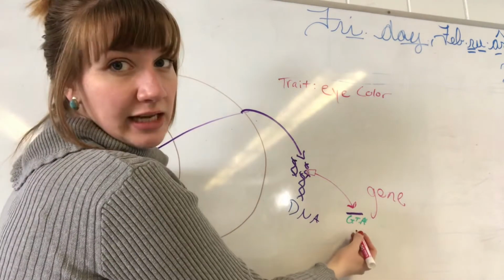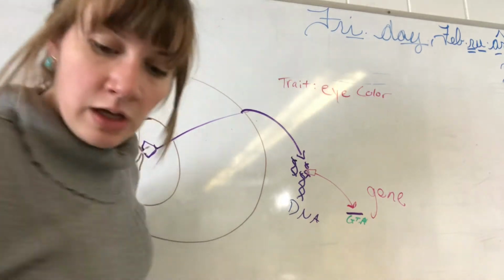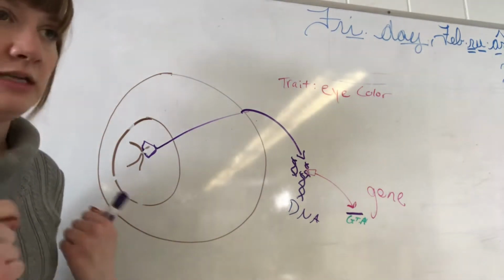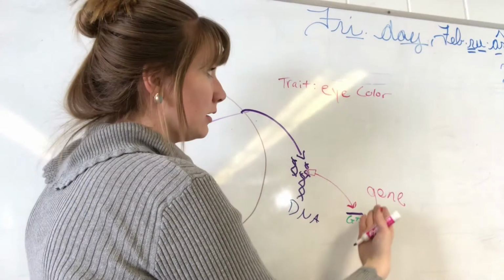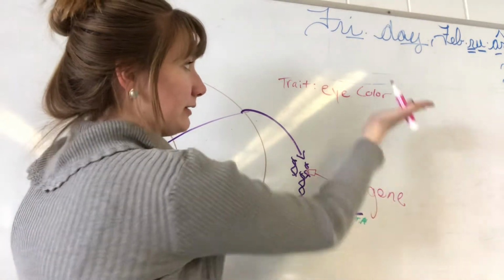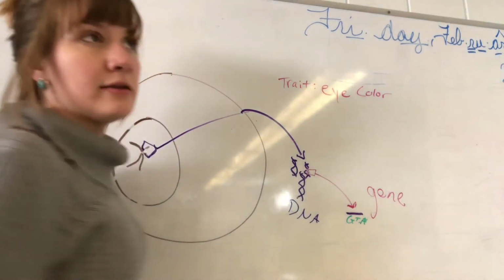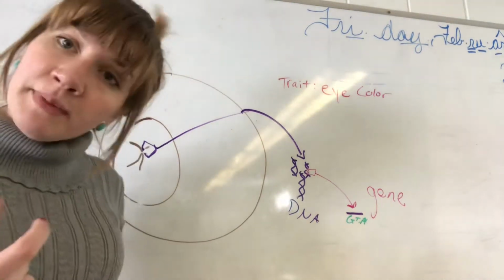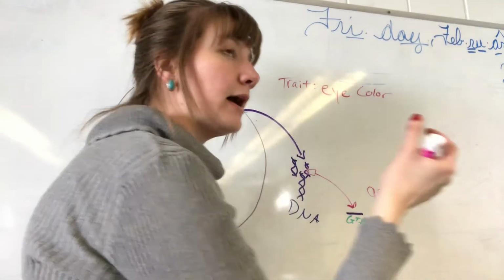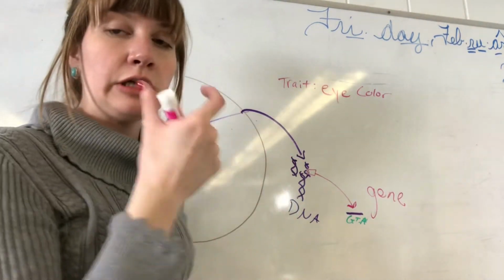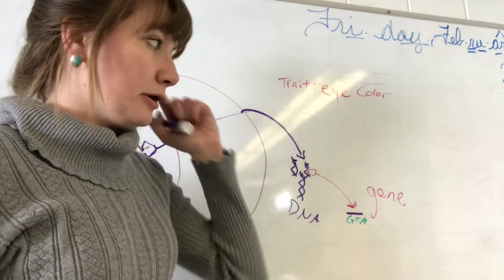This little piece of DNA is called a gene. And this gene, I said, controls for a certain trait. So it tells you the information that links the DNA to what eye color you're getting. Or if it's height you're talking about, this gene is going to tell me if we're talking about short or tall. It gives you the code that you're looking for.